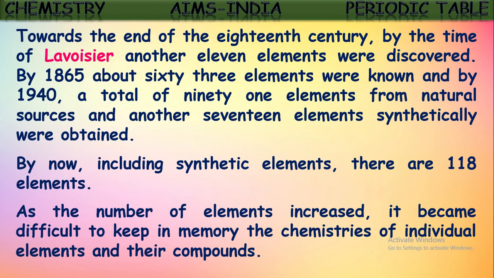But later on, scientists started discovering new elements from time to time. There are 118 elements discovered so far, either natural or synthetic. So remembering the properties of this many elements and their compounds is a little difficult. We cannot remember those properties in a simple way.